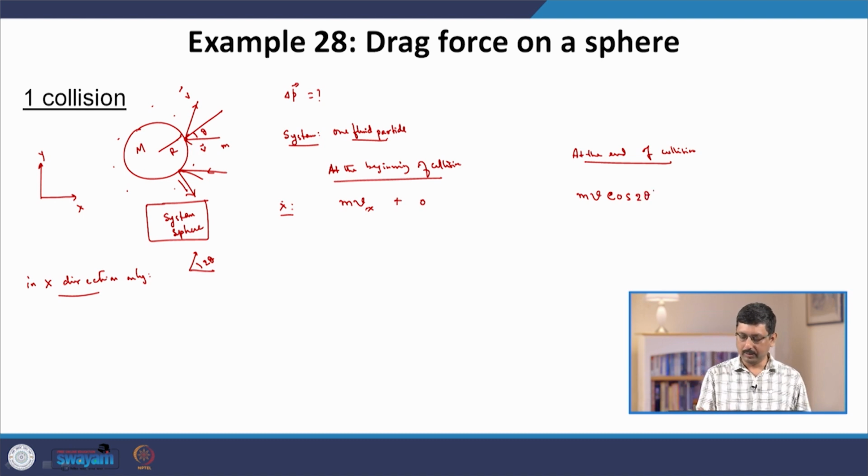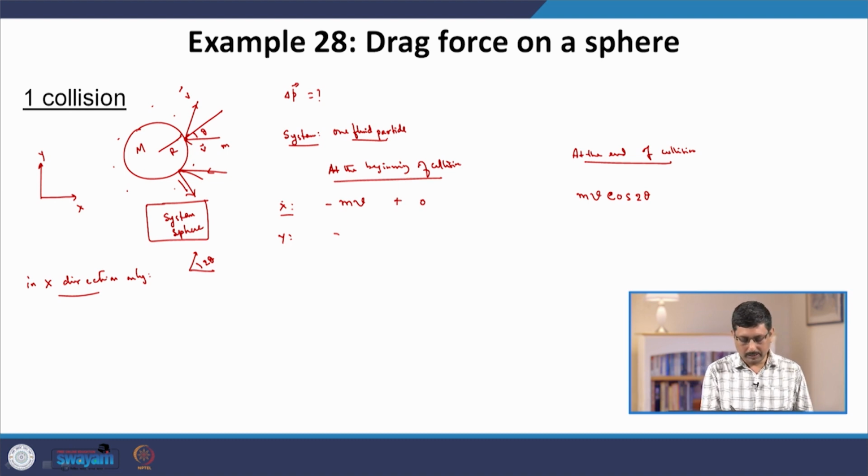Then the change: this is in the minus direction and this is in the plus direction. We can write down the y component. The y component will be minus, and you can simply write it as zero for the initial momentum, because the initial velocity of the fluid particle is completely in the x direction.